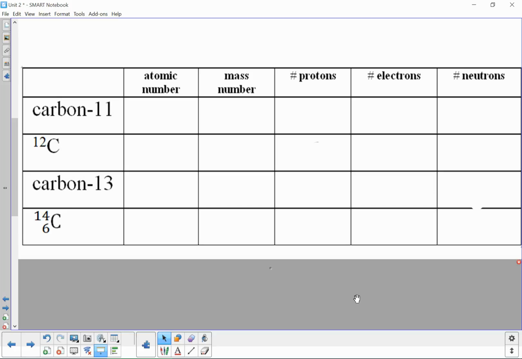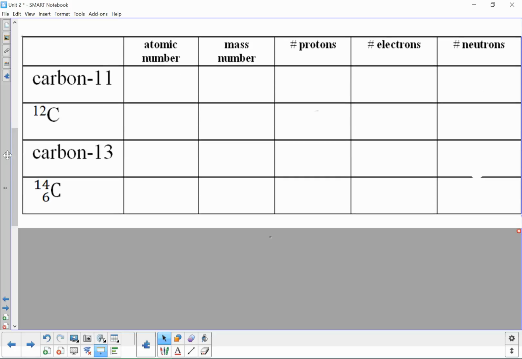So we're going to look at some different isotopes of carbon. For all of these, they're all carbon, which means they all have the same atomic number. So if you look on the periodic table, carbon has an atomic number of 6. Since all of these are carbon, they all have an atomic number of 6. Then you'll remember that atomic number always has to equal the number of protons.